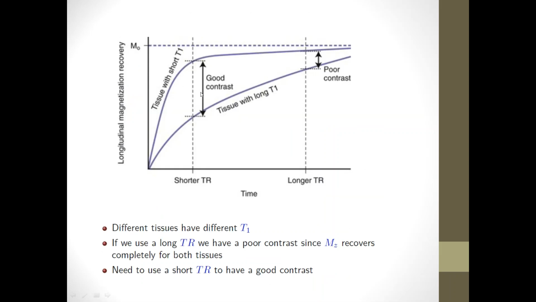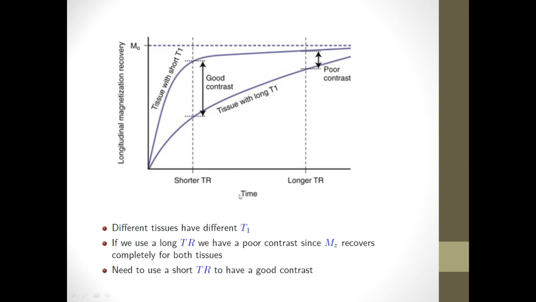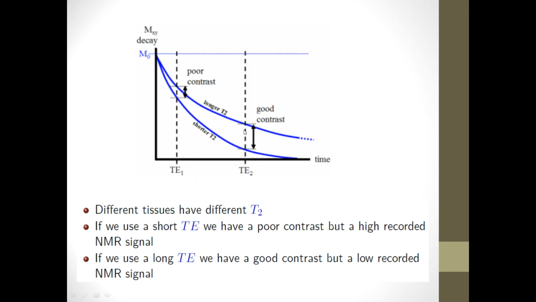If we select short TR, you have good contrast between water and fat, but a longer TR gives poor contrast between fat and water. So TR is a very important parameter for image contrast in T1 weighted image, but TE is a very important parameter for T2 weighted image.